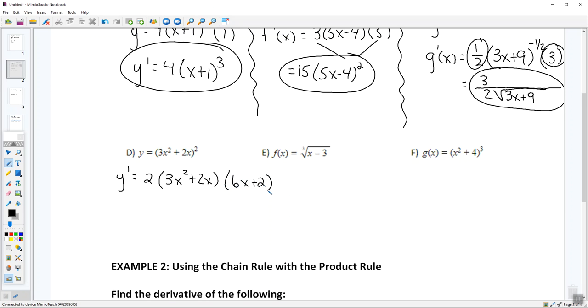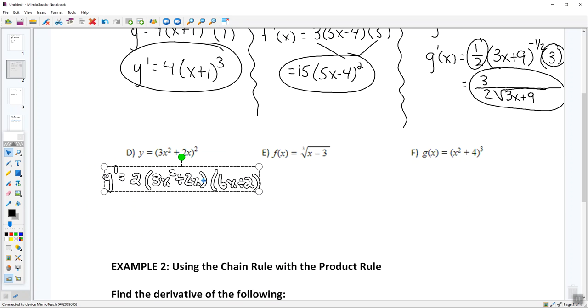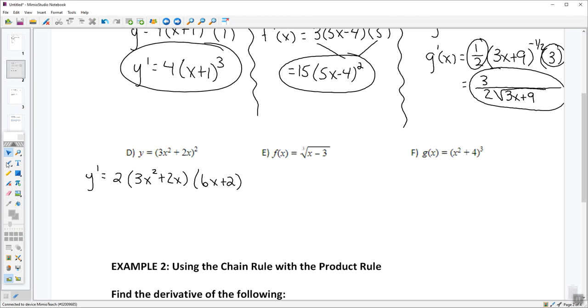Derivative on the inside of this part, 6x plus 2, right? How you guys feel about that? Yay, nay? Maybe? Okay, you guys try the next 2 on your own. See what you come up with. When you've got them, check with the neighbor around you, see if you agree.